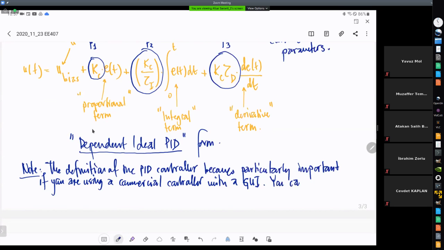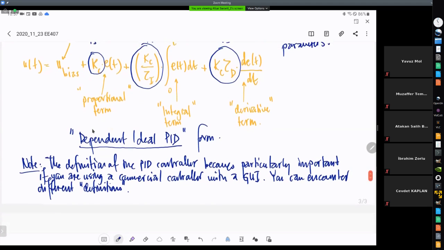You can encounter different definitions, and I will now list some of the other definitions.